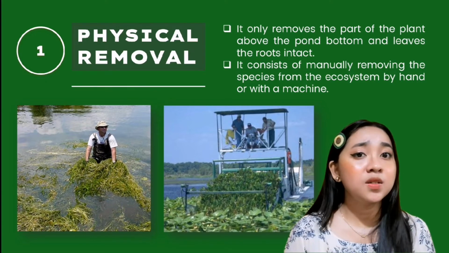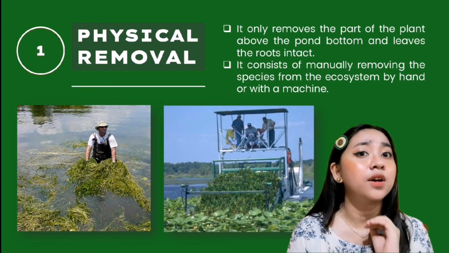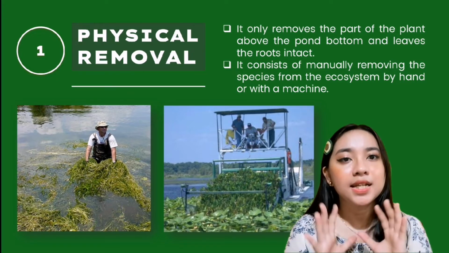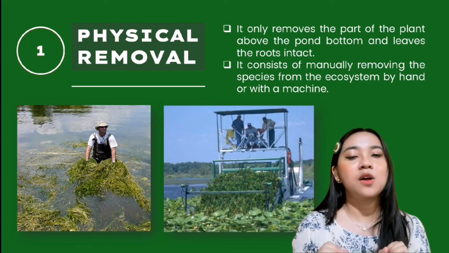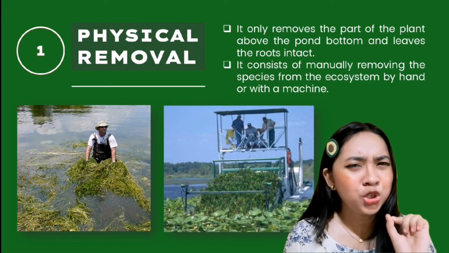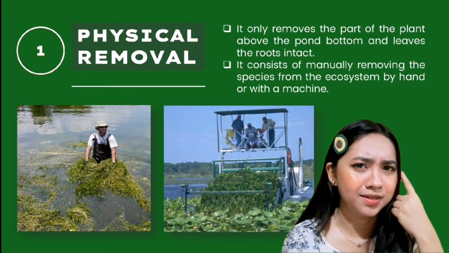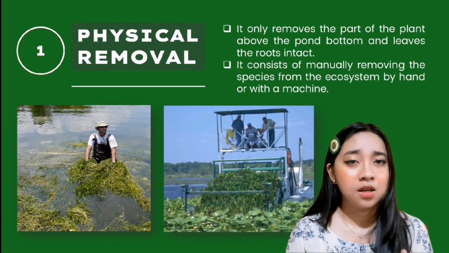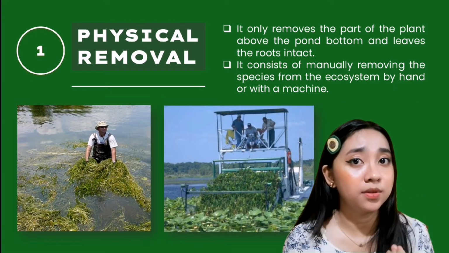Physical aquatic weed removal only removes the part of the plant above the pond bottom and leaves the roots intact. The results of physical removal are immediate, but very short-lived. This should be kept in mind when budgeting for long-term solutions to aquatic weed growth.